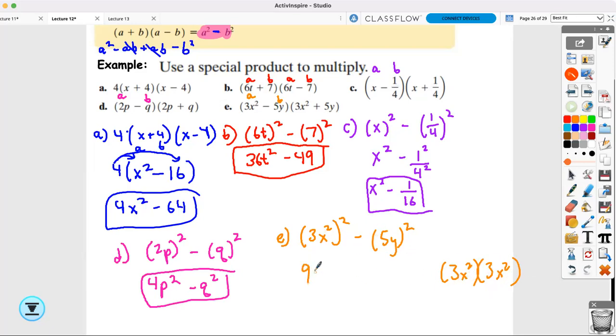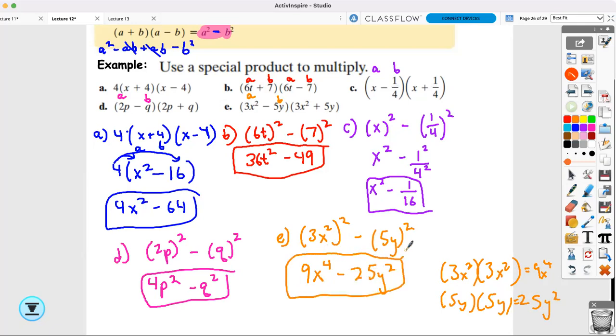X squared times x squared is x to the 4th. And then over here we have 5y times 5y. 5 times 5 is 25. Y times y is y squared. We get minus 25y squared. We're done.